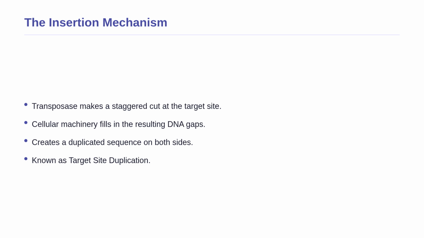The bacteria's normal cellular machinery sees these gaps and automatically fills them in. Because of the staggered nature of the cut, this repair process results in a short sequence of the host DNA being duplicated on both sides of the newly inserted transposon. This duplicated sequence is the target site duplication, and it is a permanent scar left behind by the jumping event.